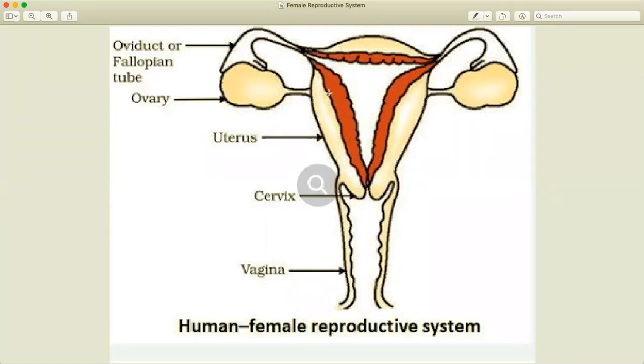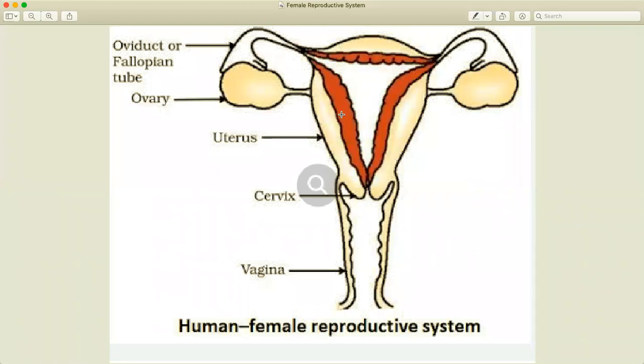This preparation of the uterus is to nourish the growing zygote, or the developing embryo, in case the zygote is formed. But this will be useful only if the egg has been fertilized and implanted in the uterine wall.